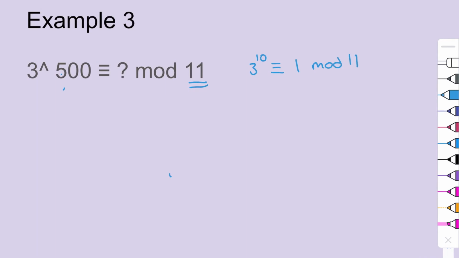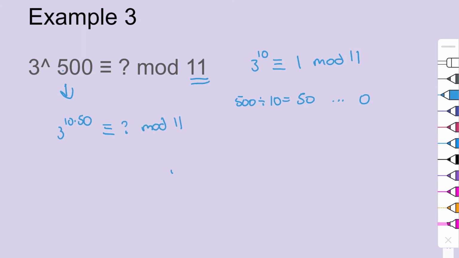And 500 divided by 10 is 50 with a remainder of 0. So we can rewrite this as 10 times 50, equal to what number in mod 11? And then it will be 3 to the 10, and we have a 50 on the outside.